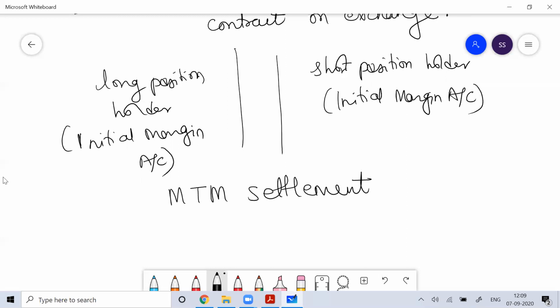Every day the exchange determines the amount which is debited from one person's account and credited into the other person's account. This debiting and crediting process happens every day at the end of the trading cycle.